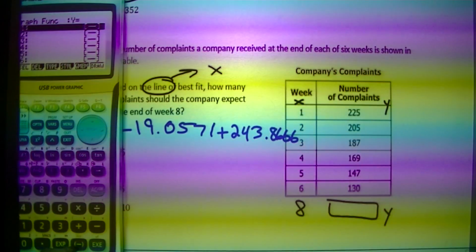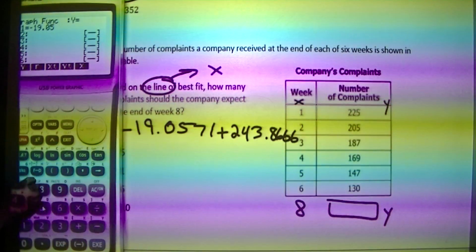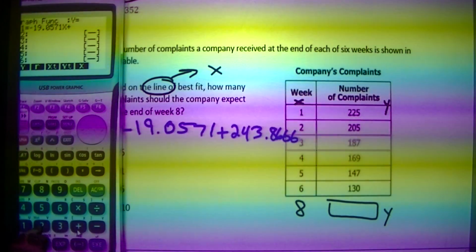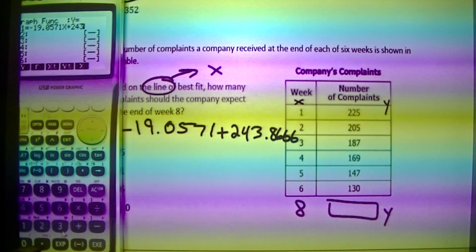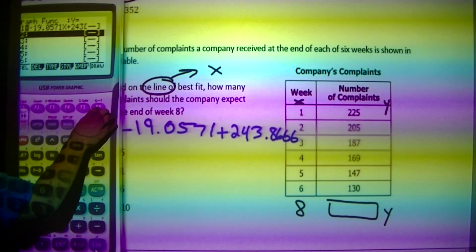So I got negative 19.0571x plus 243.8666. And I'm going to go ahead and hit draw.